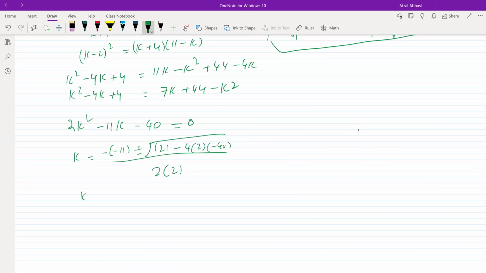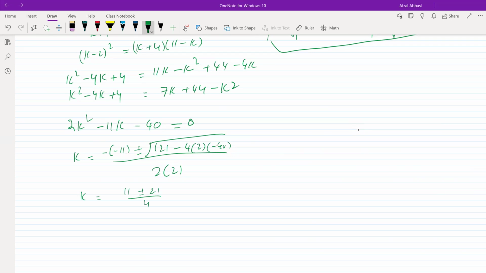So now we are going to calculate this. I'm just calculating it, 441, so this is 21, so 11 plus minus 21 over 4.